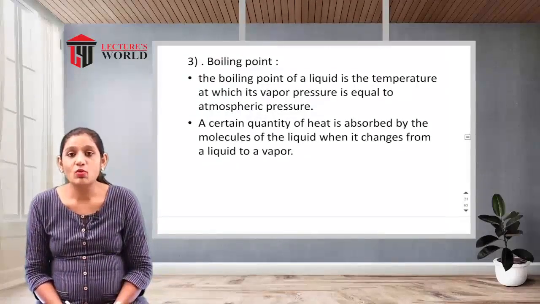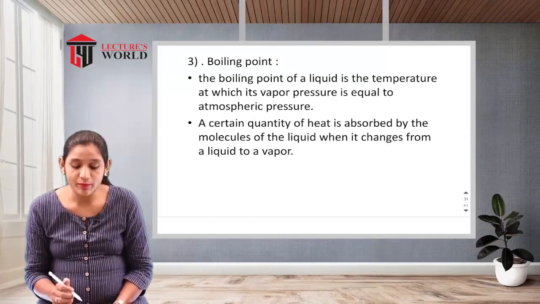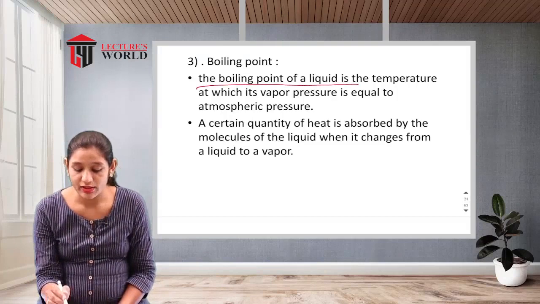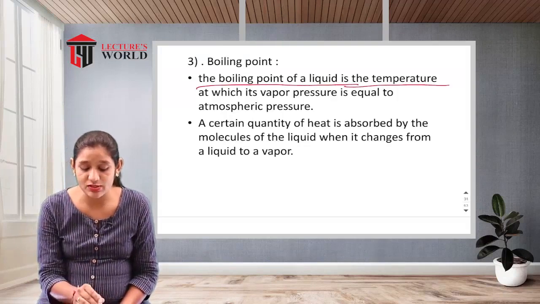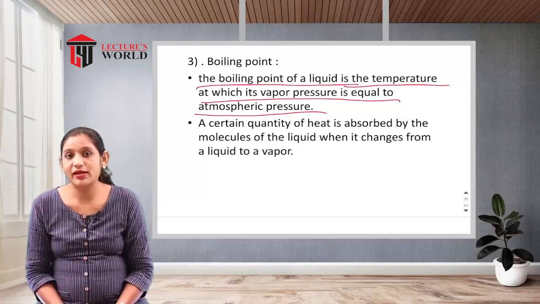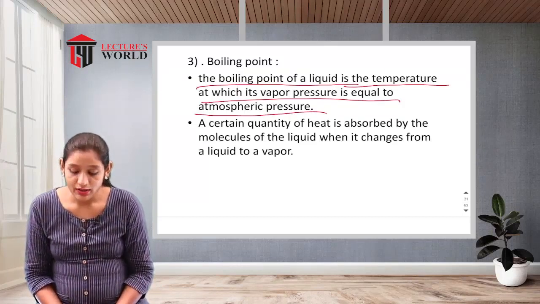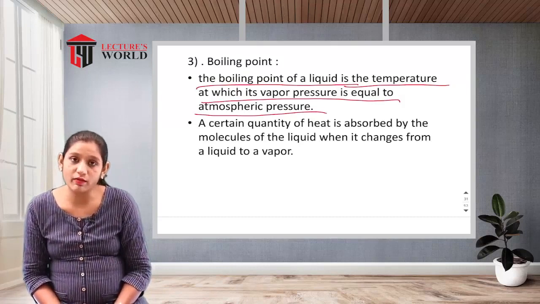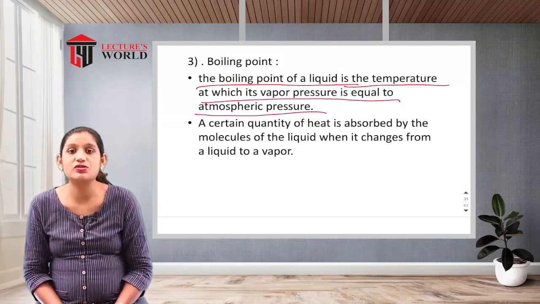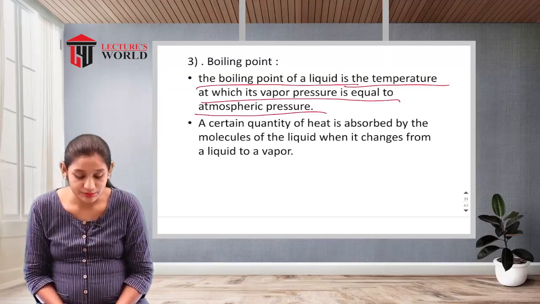Third one, boiling point. What is called the boiling point? The boiling point of a liquid is the temperature at which vapor pressure equals the atmospheric pressure, meaning the outer atmospheric pressure and the liquid's pressure become similar. This is called the boiling point.